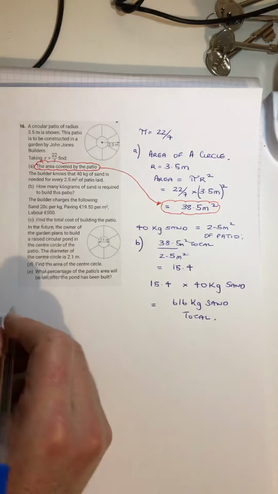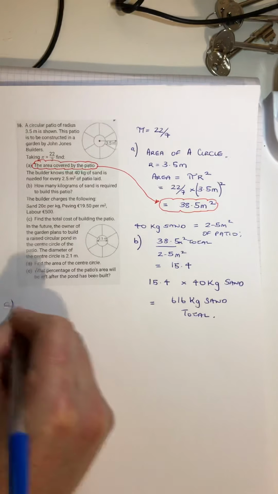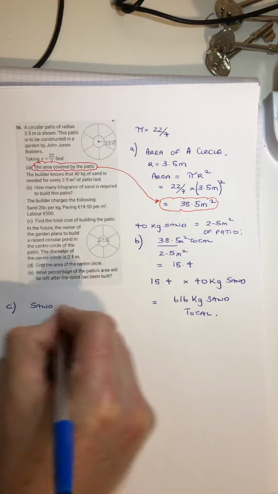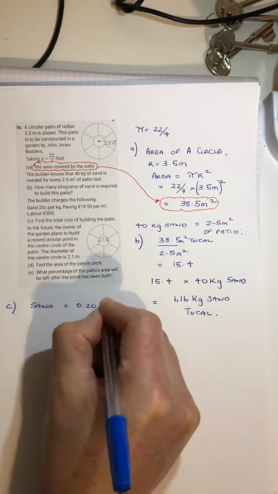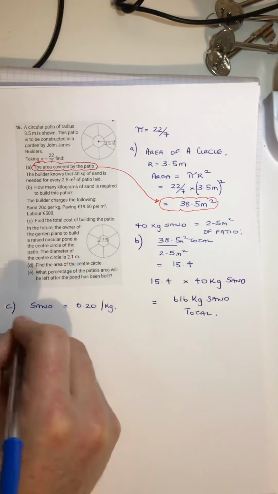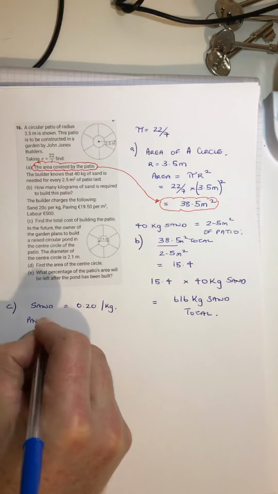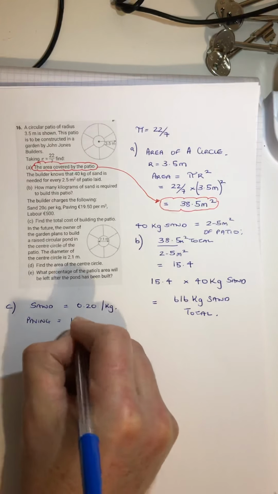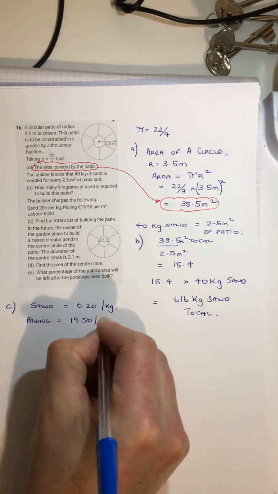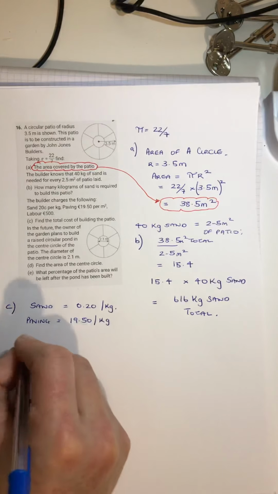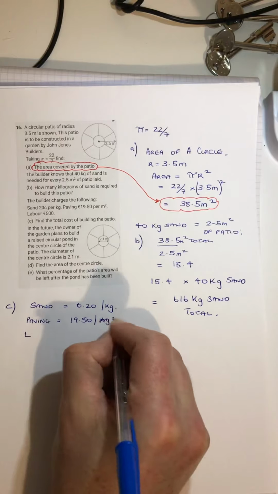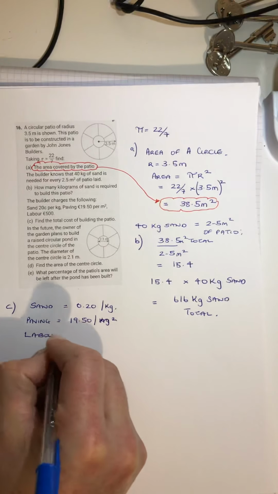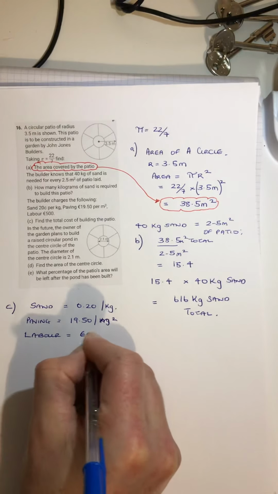Now, part C. Sand is 20 cents per kg. The paving is equal to 19.50 per meter squared, sorry. And the labour is equal to €500.